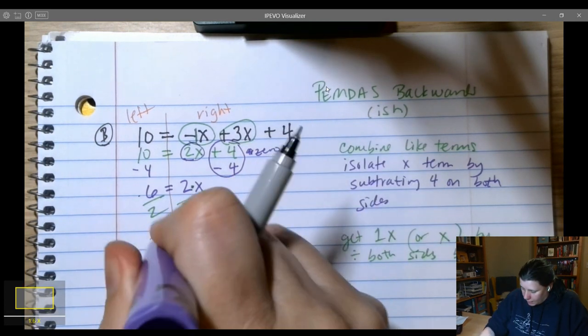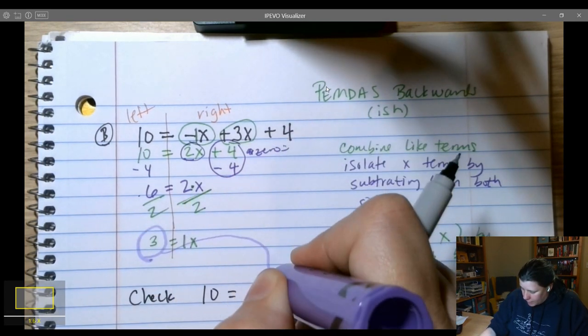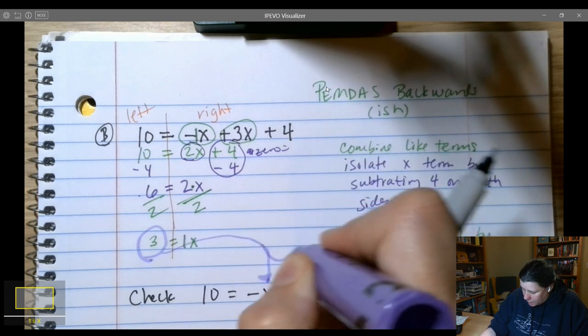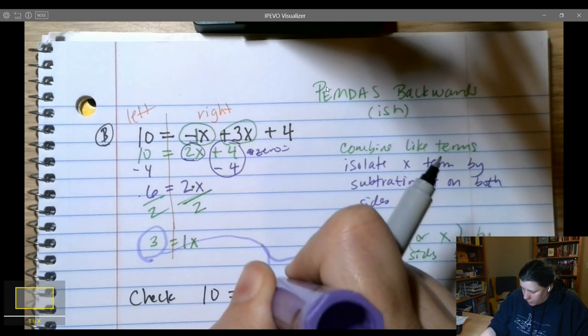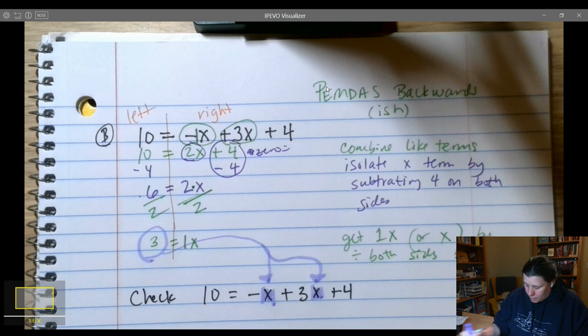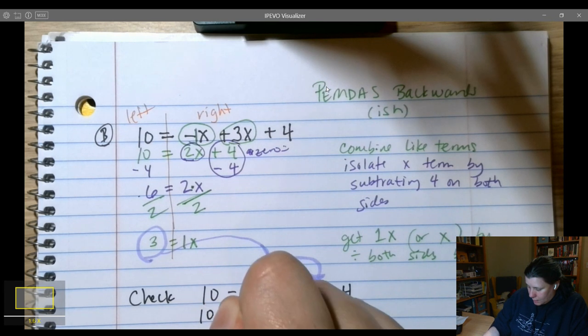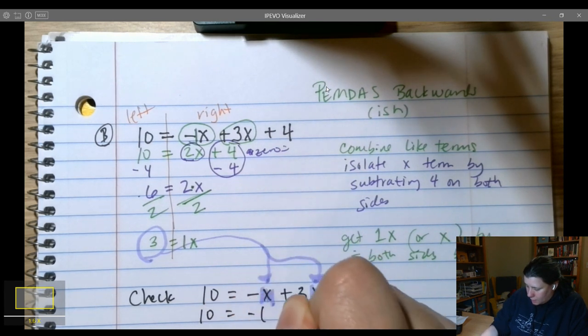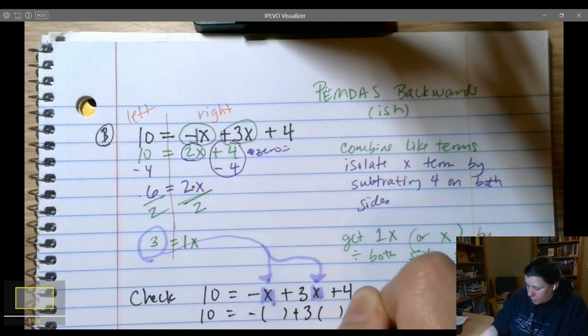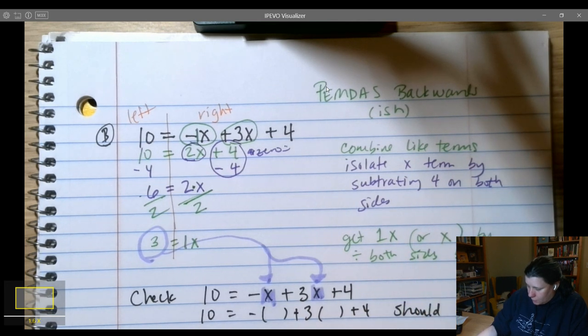I'm going to take the value of x is 3, so I'm going to put that in for there and there. And then I'm going to see if it's really true. 10 equals negative, I'm going to put it in there, plus 3 times that plus 4, should be true.